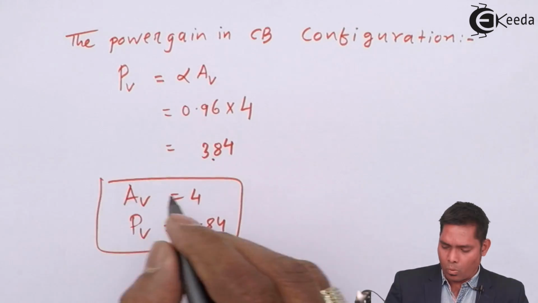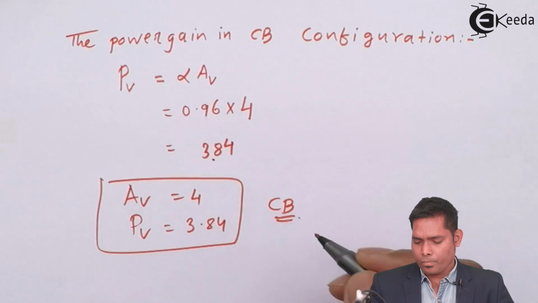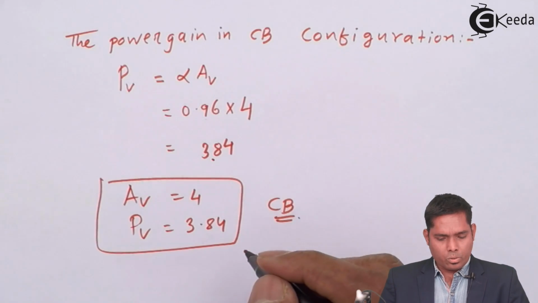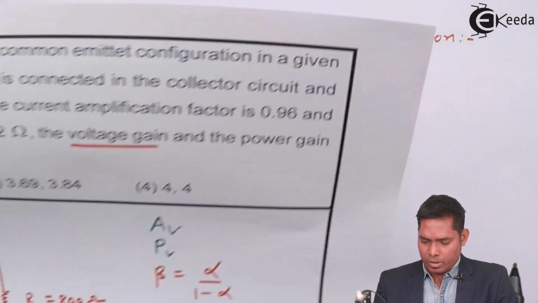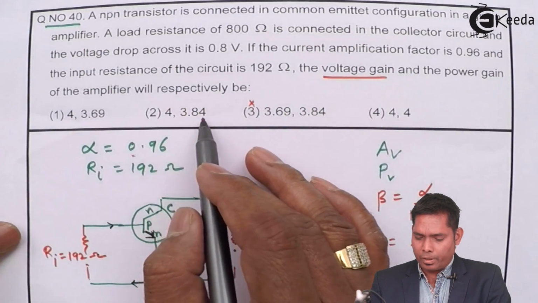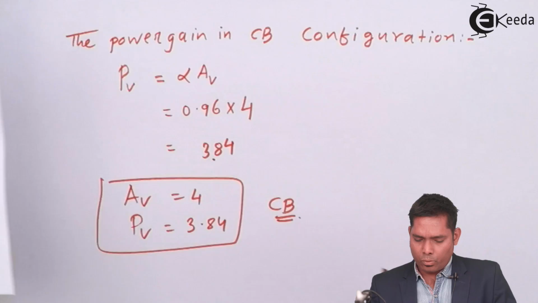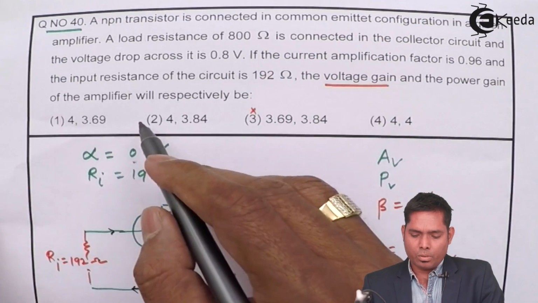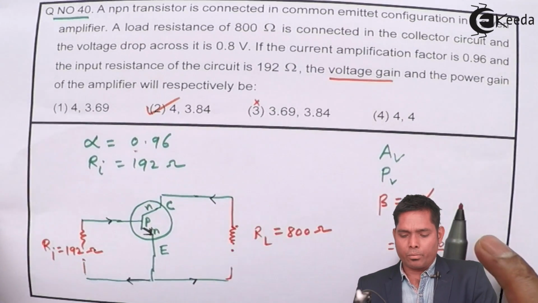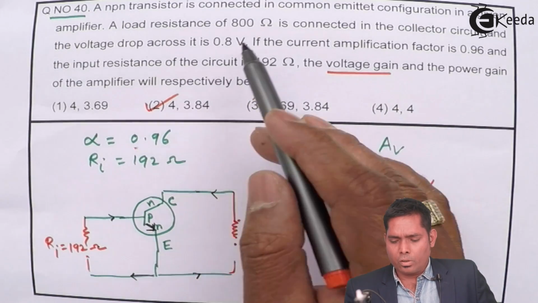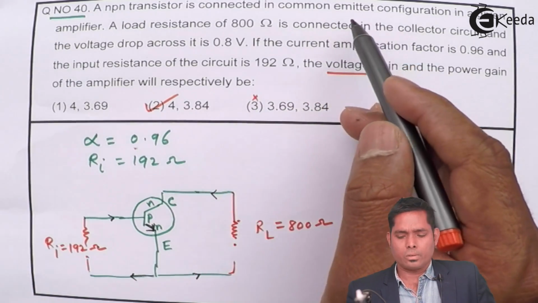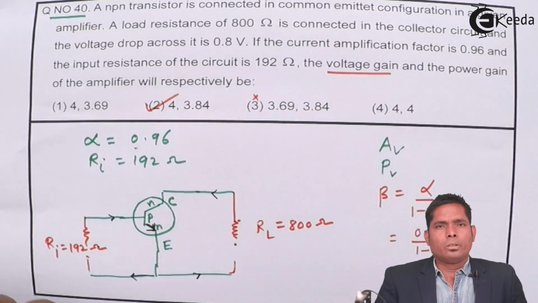This answer is only for common base mode. You can see that 4 and 3.84, so option number 2 is correct. But we have got this for the common base configuration, not for the common emitter configuration. Okay, thank you.